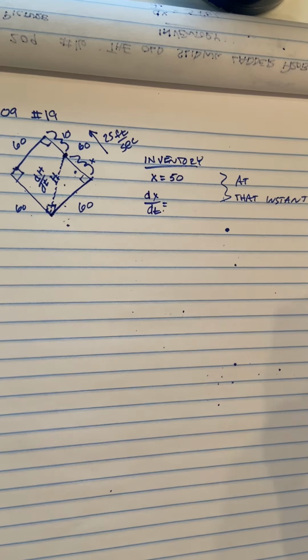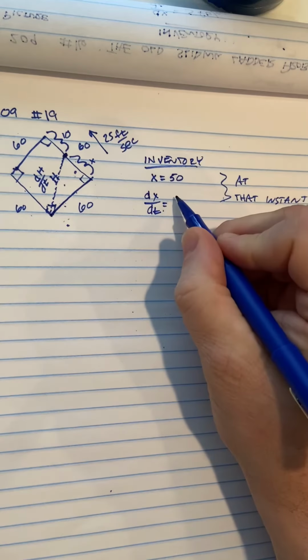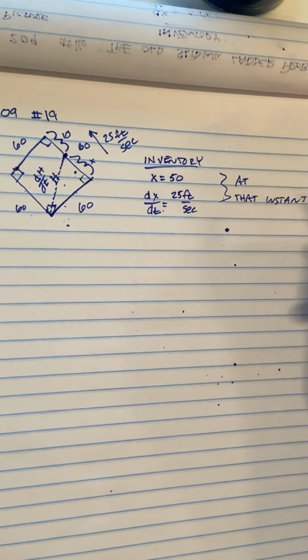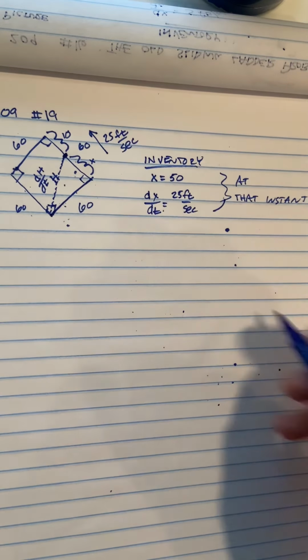Do you guys know what it is? That's right, 25 feet per second. Feels like I'm talking to my 6th-hour class. Both of those variables were at that specific instant.